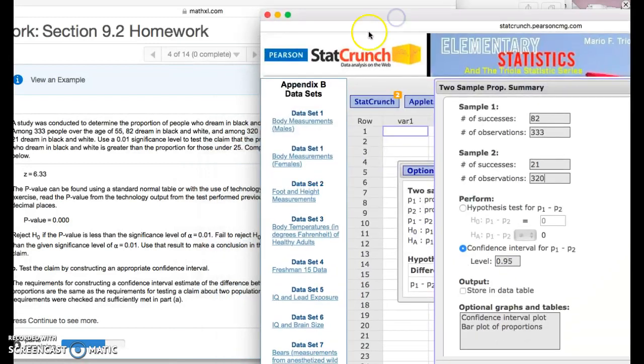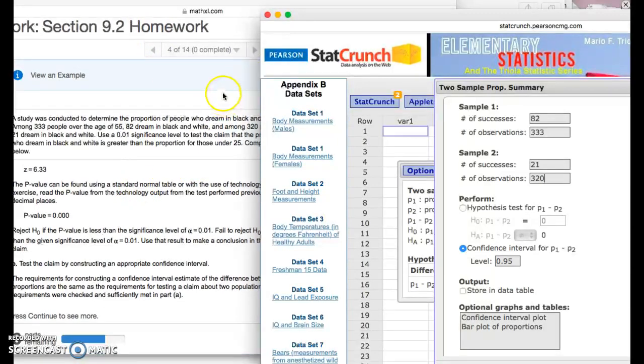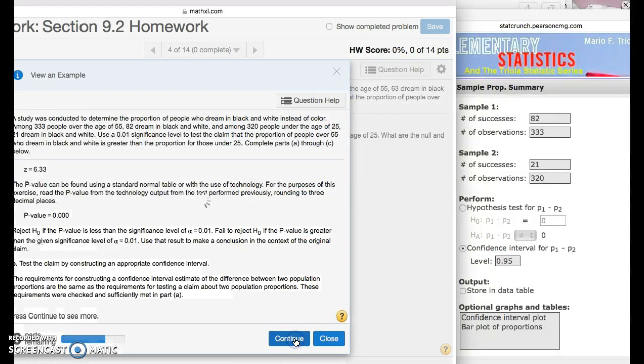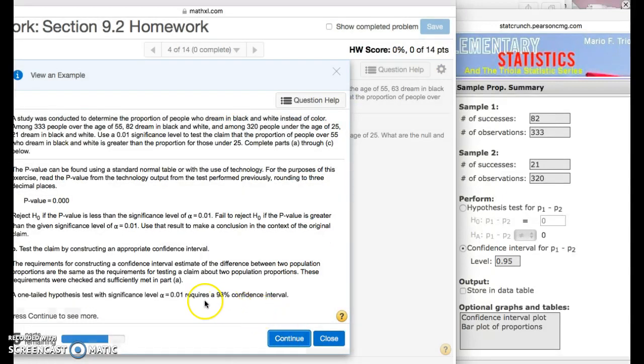And let's see what confidence interval they want you to check. Because it's a one-tailed test with a significance level of alpha equals 0.01, it's a 98% confidence interval.